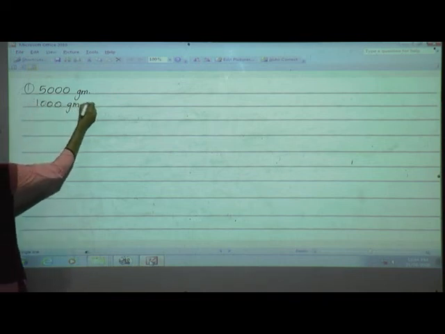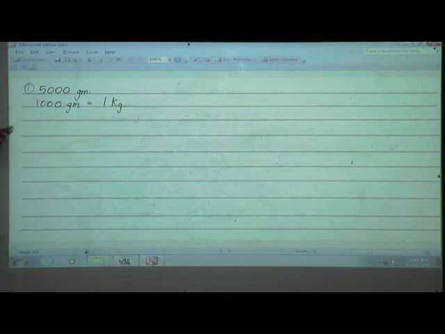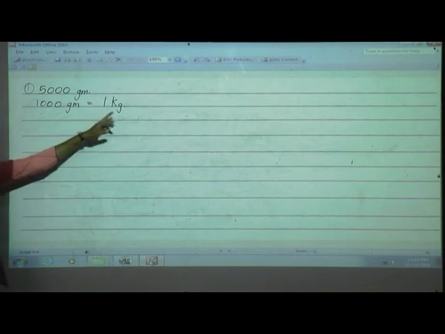So how will you convert this? Our first step is, what is the first step? 1000 gram is equal to 1 kilogram.